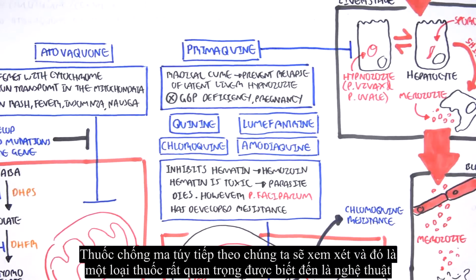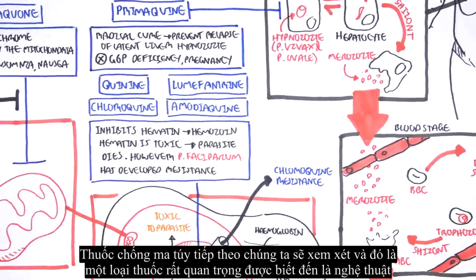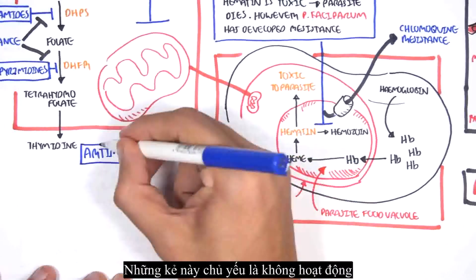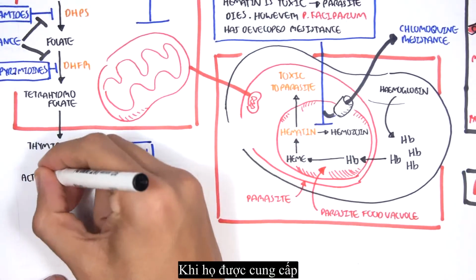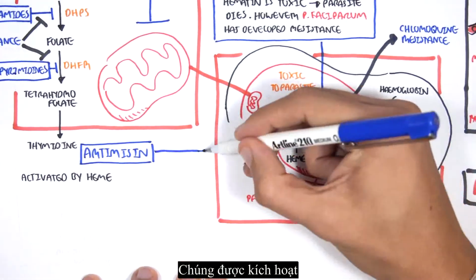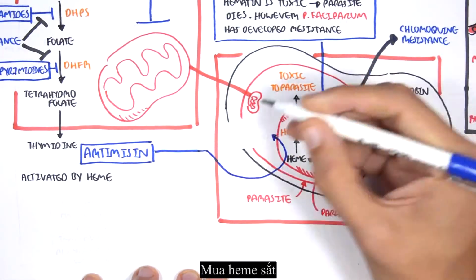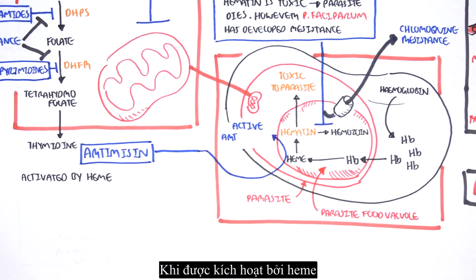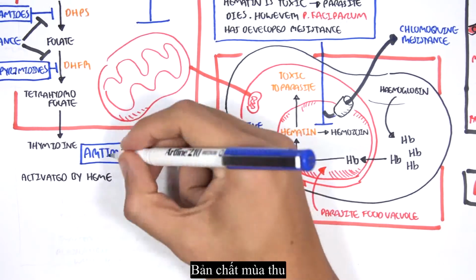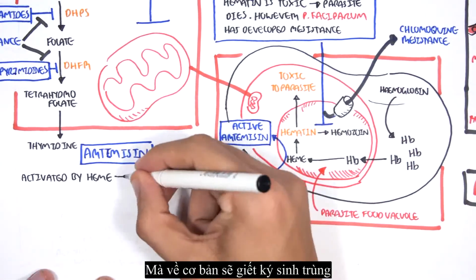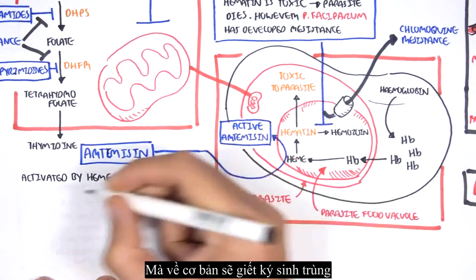The next antimalarial drug we will look at, and it's a very important one, are the artemisinins. These are essentially inactive when they're given. When given to people, they are activated by ferrous heme or free heme. When activated by the heme, the artemisinins create a carbon-centered radical, which will essentially kill the parasite.